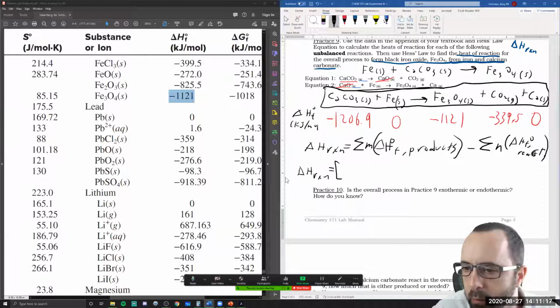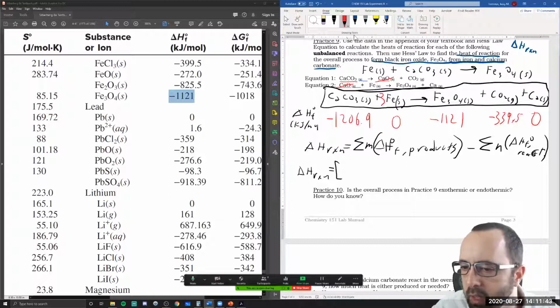I didn't check that, but we have 1 calcium on both sides. We have 1 carbon on both sides. Here we have 3 irons, right? Here we only have 1. So we've got to make sure that that's balanced. I hadn't balanced that yet. So we put a 3 right there.